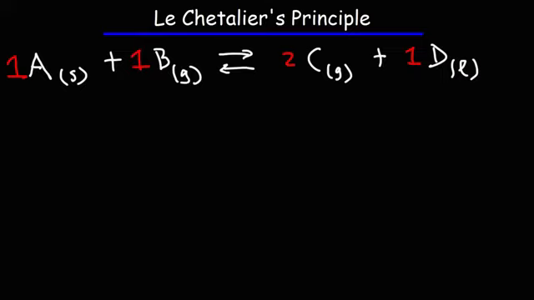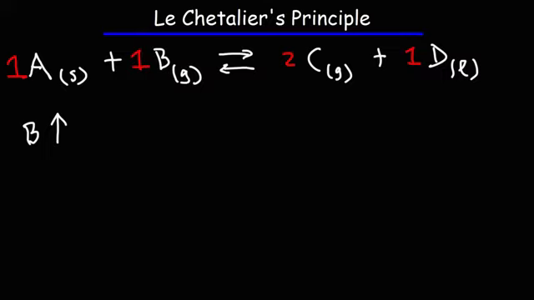Now let's consider what's going to happen if we add stress to the system. So let's increase the concentration of reactant B. If we introduce more of substance B to the vessel, if we increase its concentration, what's going to happen to this reaction? Will the reaction shift towards the right, that is towards the products, or will it shift towards the left, towards the reactants?